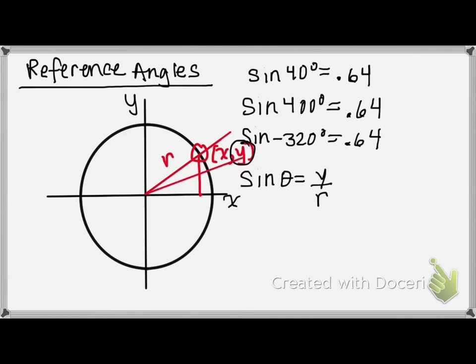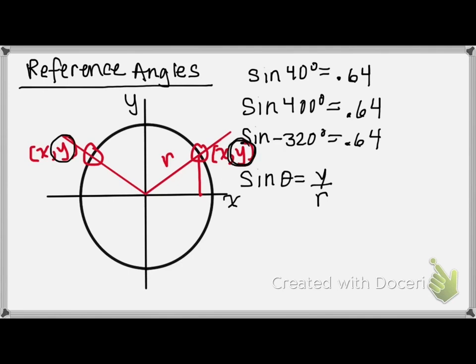If I were to rotate, so here I go to 40 degrees. Now if I continue to rotate around over this side, this point over here has an xy coordinate, and its y coordinate is going to be the same as this y coordinate.